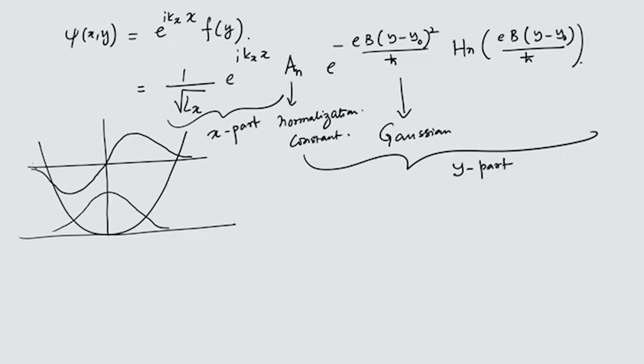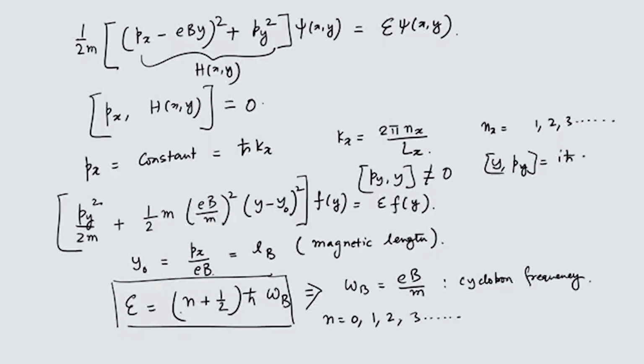As I said, the z component, even if you consider it, is like a free particle in the z direction. In particular, if you confine electrons in 2 dimensions, then that term does not arise. Now, if you go to this last slide, you have (n plus half) h cross omega, with n equal to 0, 1, 2, 3, etc. These are called the Landau levels.